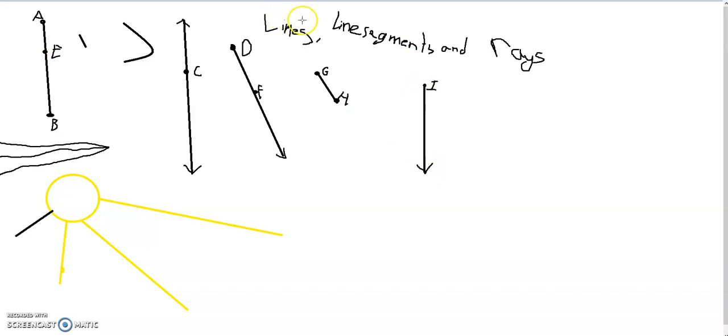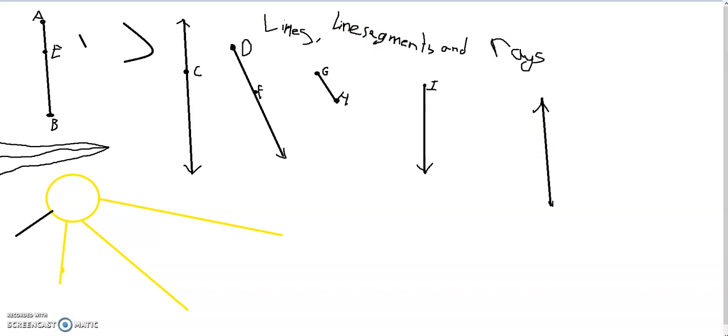Now, is this a line segment, a line, or a ray? If you said line, correct.